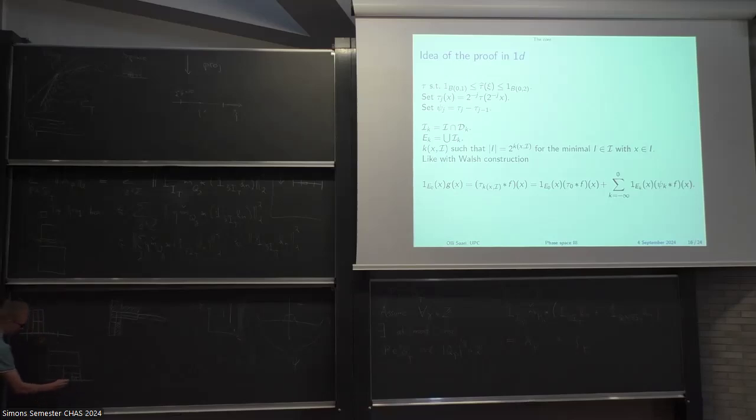If I take a point, say here, the smallest interval in the tree that corresponds to that one is this. But if I go here, the smallest one will be this one. And if I'm here, the smallest one will be the huge one. So this is what the K is.